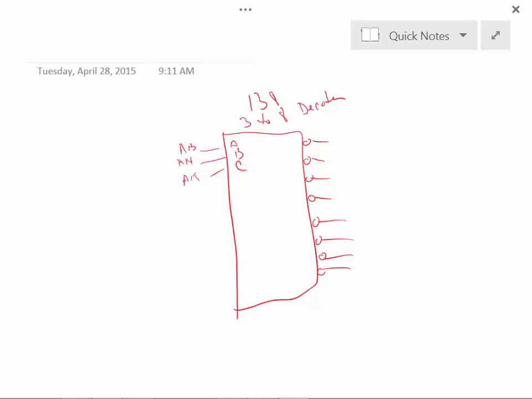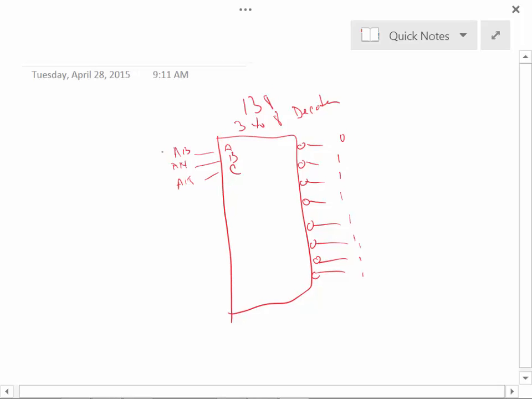So what this is saying is that if this chip is selected, and we'll talk about selecting this chip in a second, if these 3 are 0, then this one's going to be a low, and these are all going to be high. So if this is 0, 0, 0, that means that this chip is going to be selected.